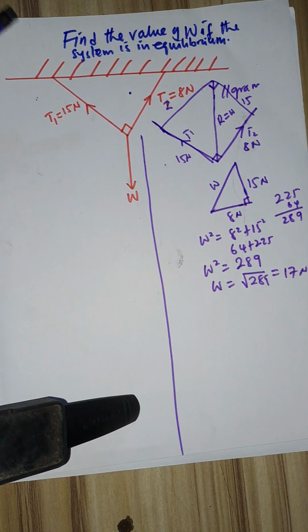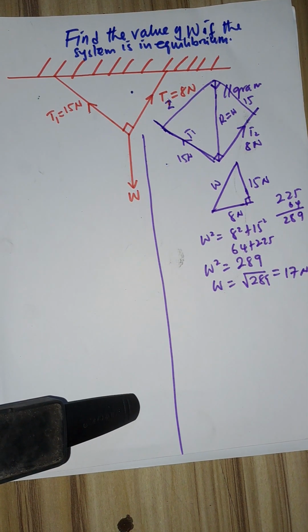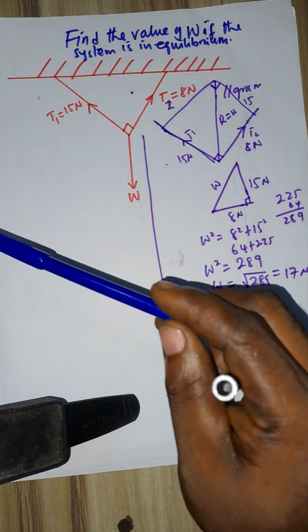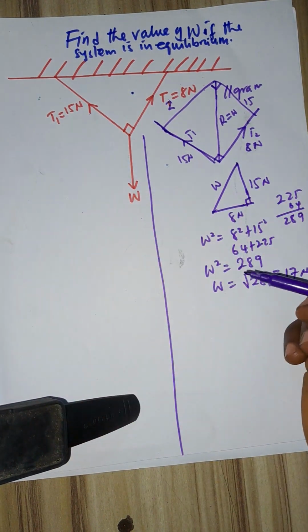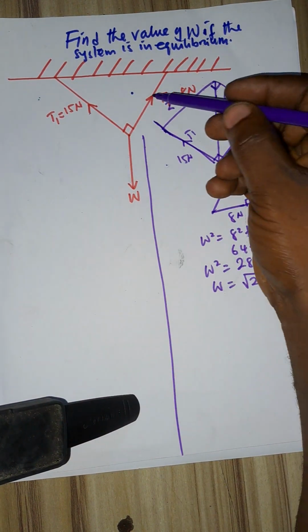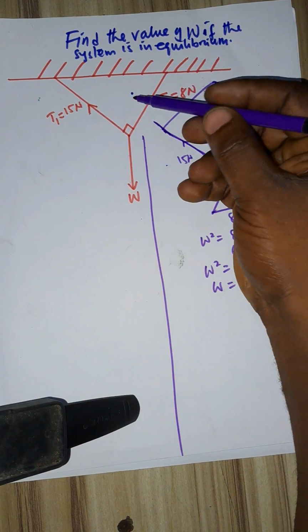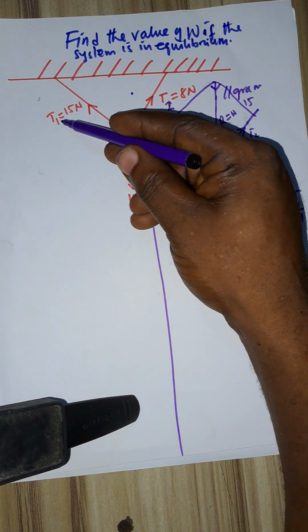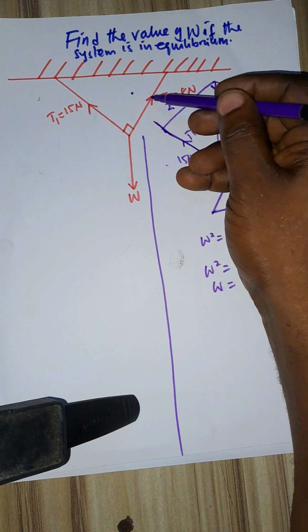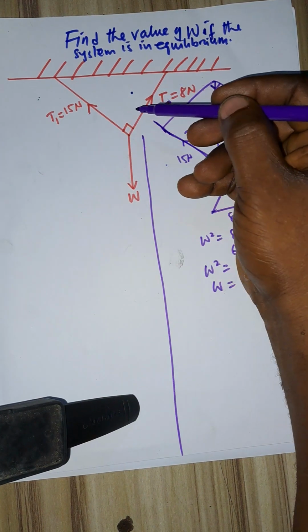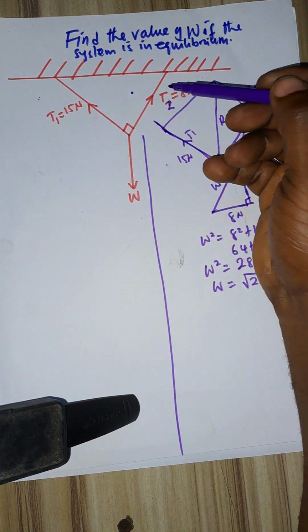Or you can use the triangle of forces, not the parallelogram. Triangular forces says if you have this kind of system, you join the two sides T1 and T2 head to tail, then the third side of the triangle is the resultant.